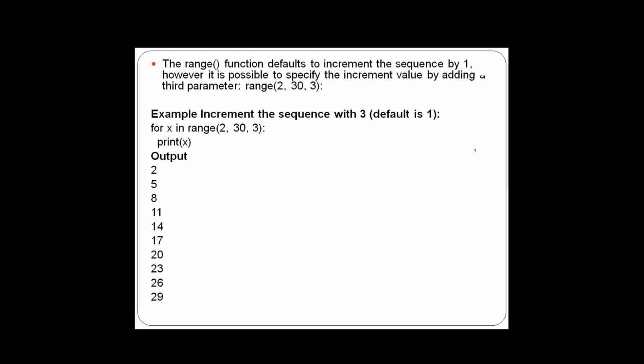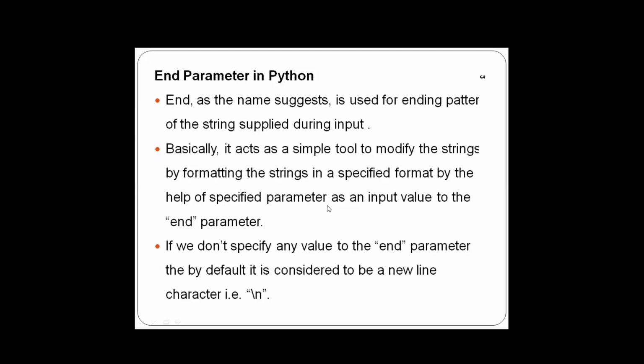So you will have 2, after 2 it's 5, 8, and so on. Always remember, your ending range will not be included. It's start, stop, and step. So by this you can change your default parameters.